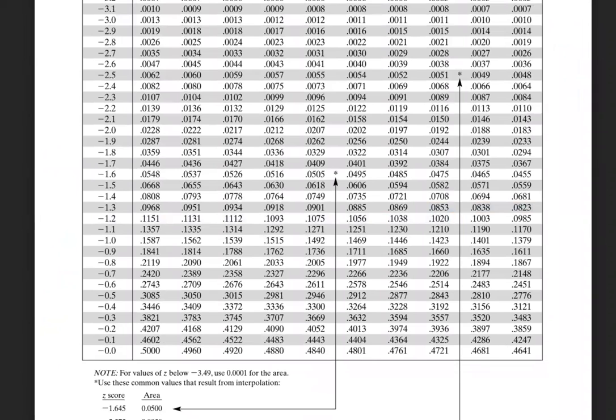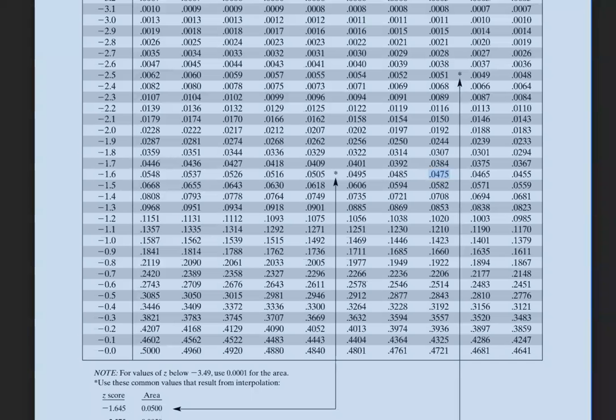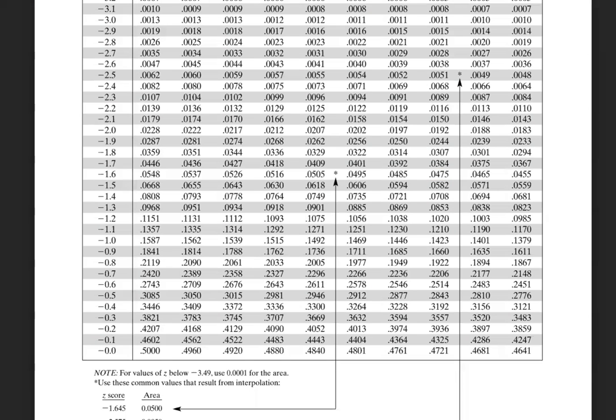Negative 1.6 and 7 is going to be right here. So this is the value. Where is it? Right here. Negative 1.6 and 7 is over there, right?